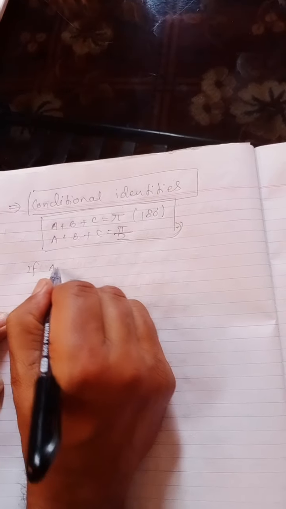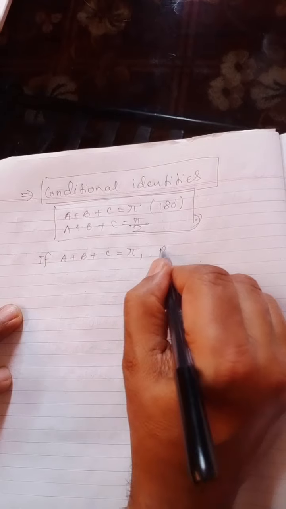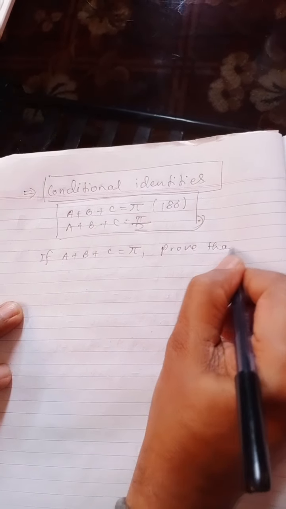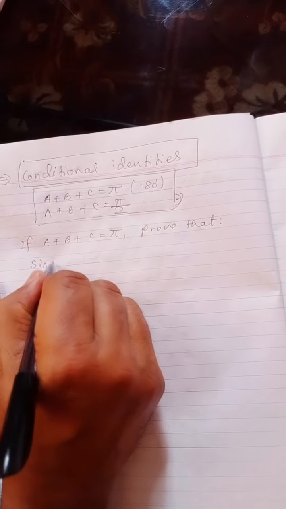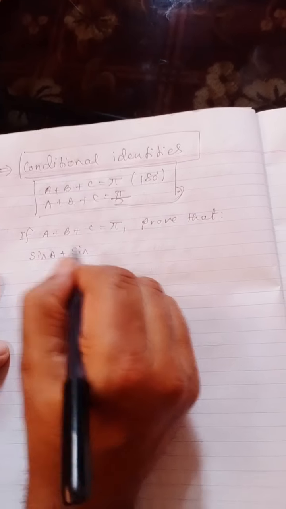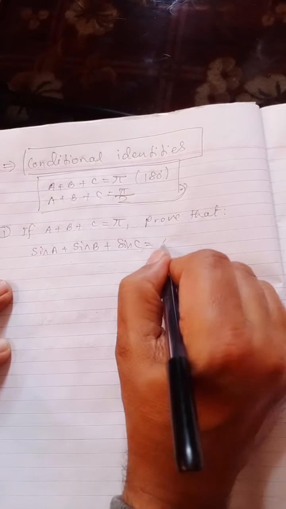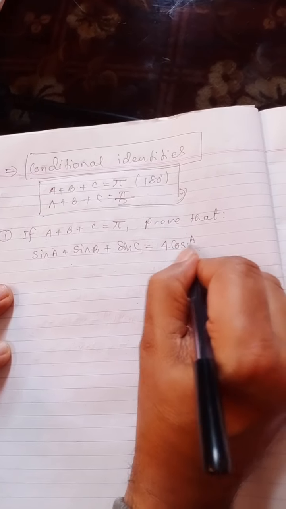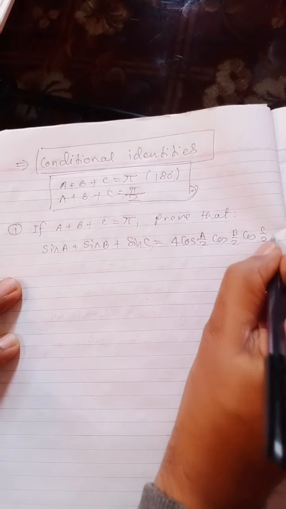If a plus b plus c is equal to pi, prove that sin a plus sin b plus sin c is equal to 4 cos a by 2 cos b by 2 cos c by 2.